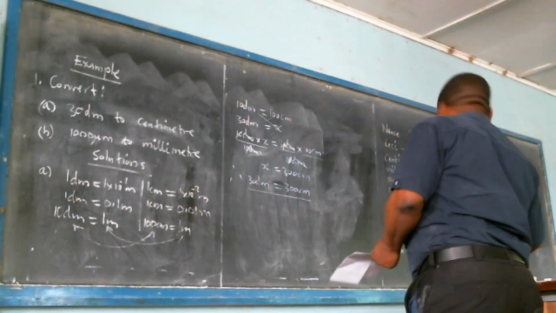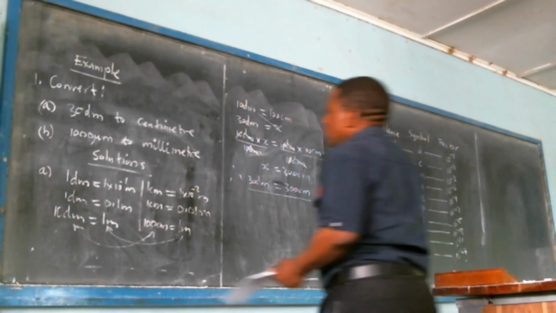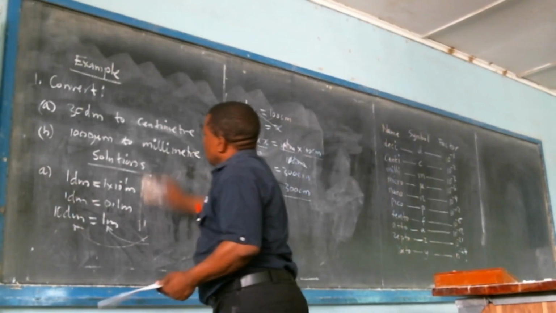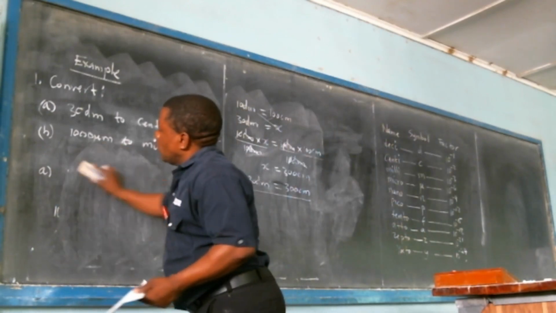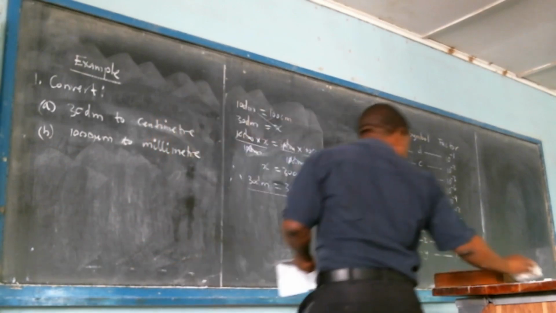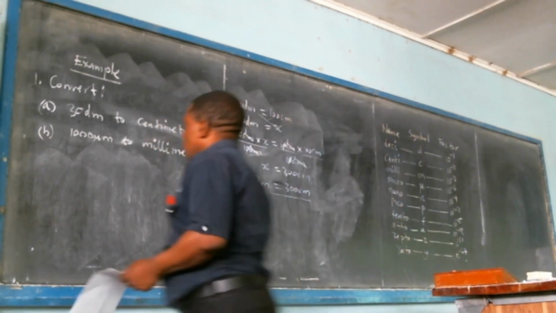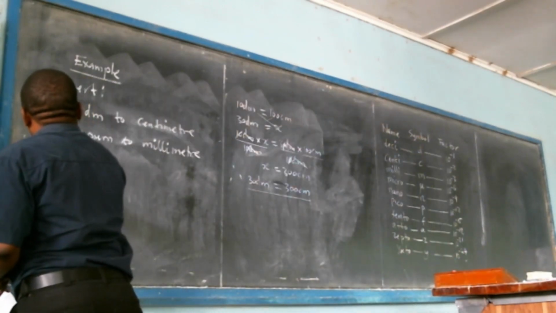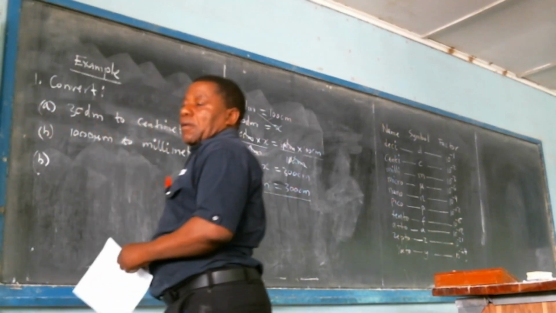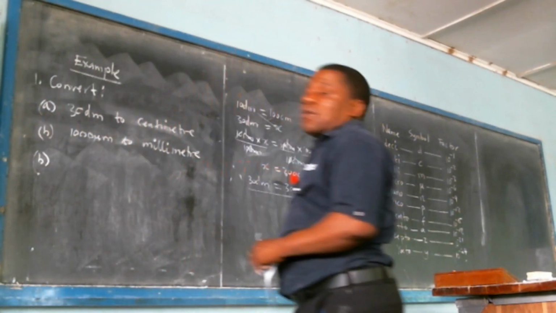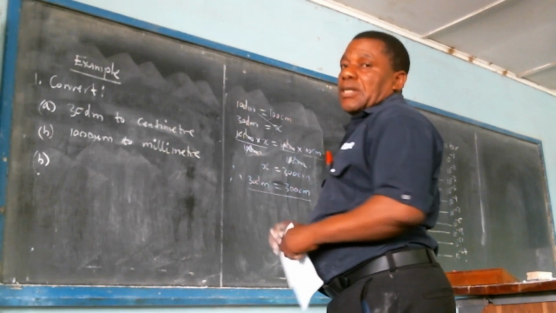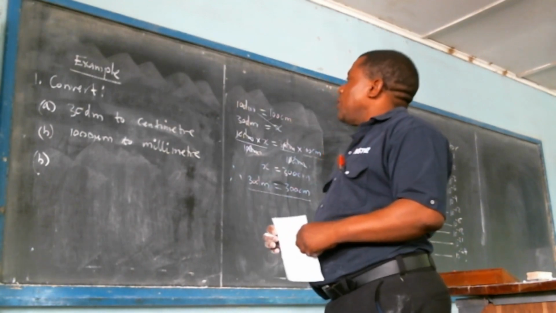Let's look at the second question, B. We want to change 1,000 micrometers to millimeters.